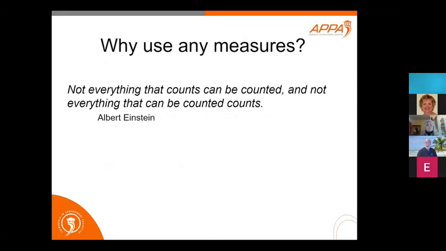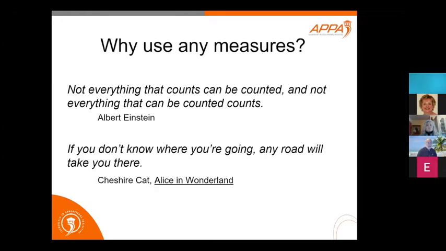Let's just keep doing the things where we get some intangible benefits. But the problem is, if you don't know where you're going, any road will take you there. And the FPI is a great tool to help you know where you're going and what road to take.